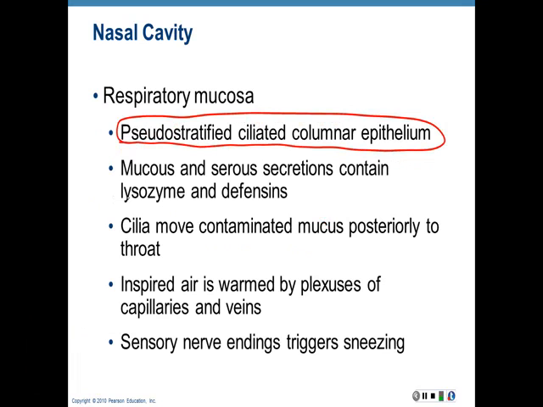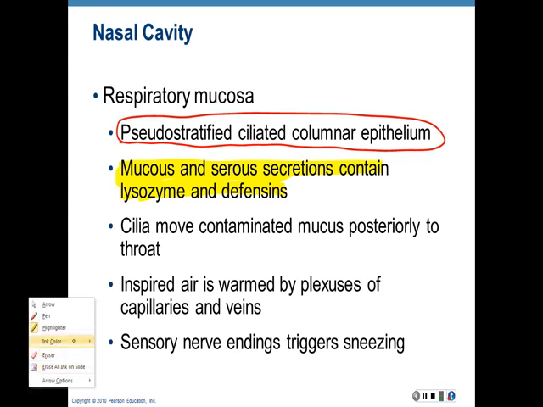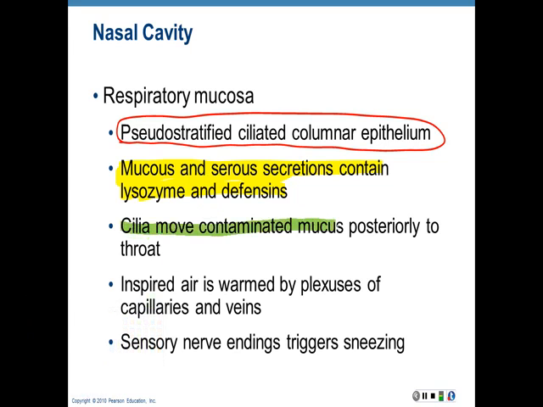They have cilia on them, hence the name pseudostratified ciliated columnar. There are mucus and serous glands in here that contain both mucus and an enzyme known as lysozyme. Lysozyme is an antibacterial enzyme that kills both gram-positive and gram-negative bacteria, as well as chemicals known as defensins, which are also general antimicrobial compounds.